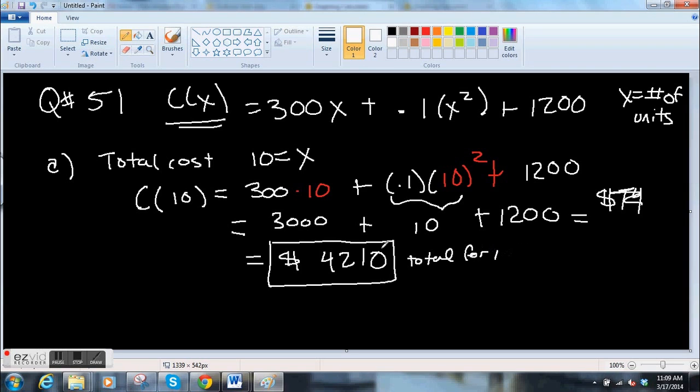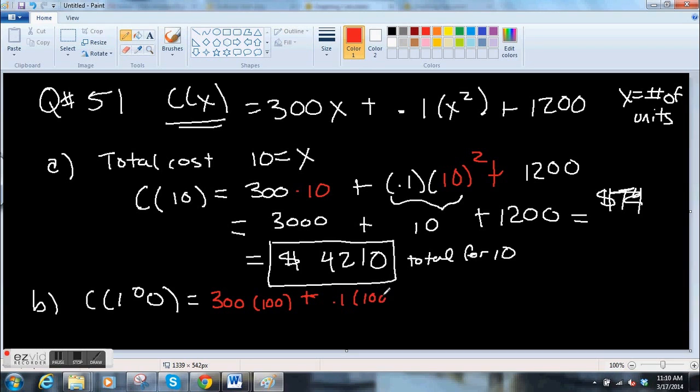So then part B says, what's the value of C of 100? We're going to do the same thing, plugging 100 into this equation. I'll make it all red this time. So we have 300, and every place there's an x, I'm going to plug in 100, plus 0.1 times 100 squared plus 1200.